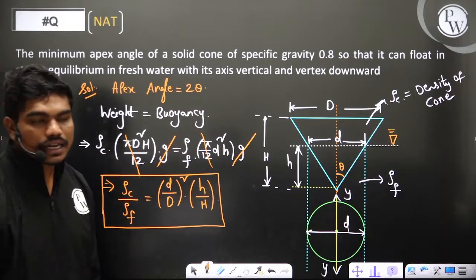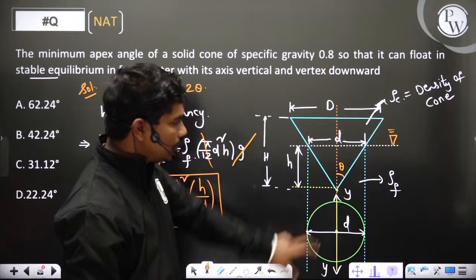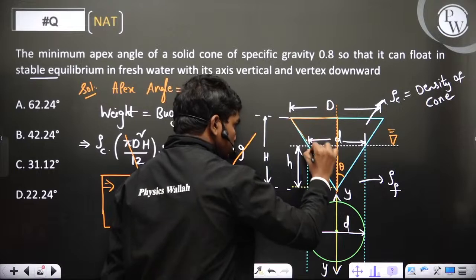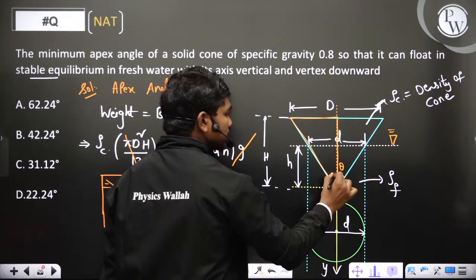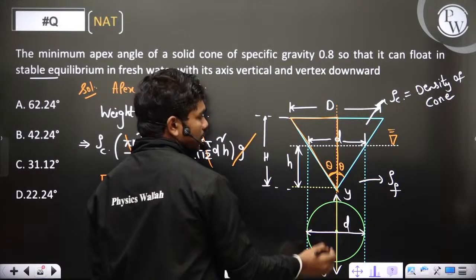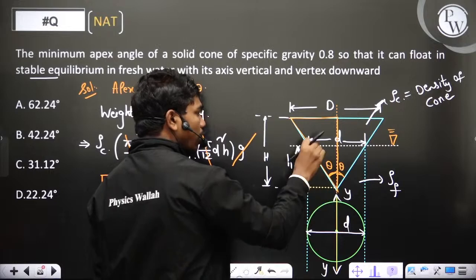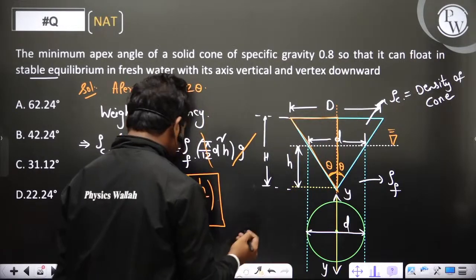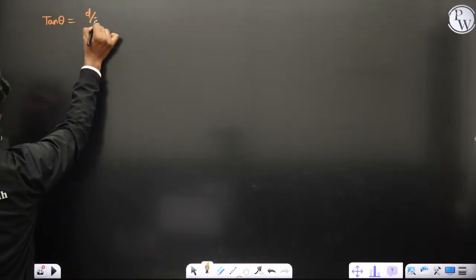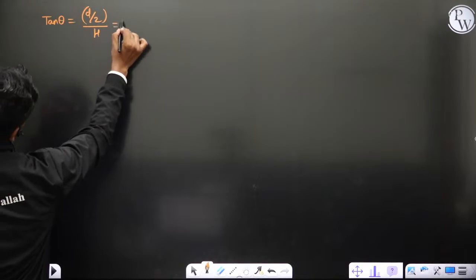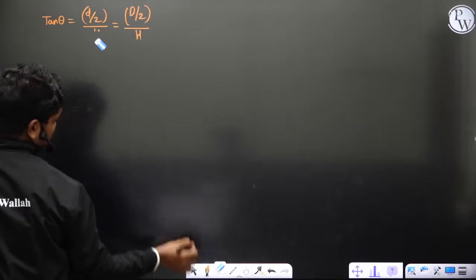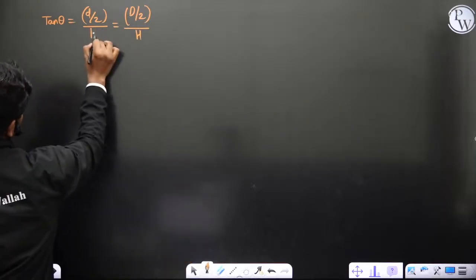Okay, now let us try to understand one thing. In this triangle, if you take these two triangles, for example, if this angle is theta, and this angle is also theta, can I say from this triangle tan theta is equal to d by 2 divided by h? Also tan theta is equal to D by 2 divided by capital H. Sorry, this is small h, from this triangle.